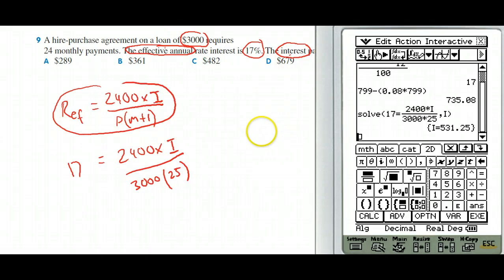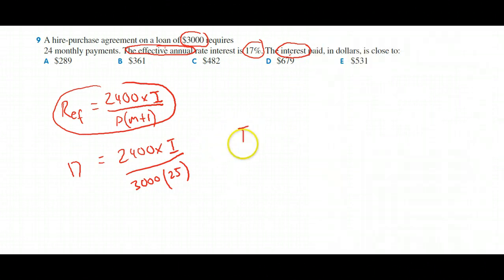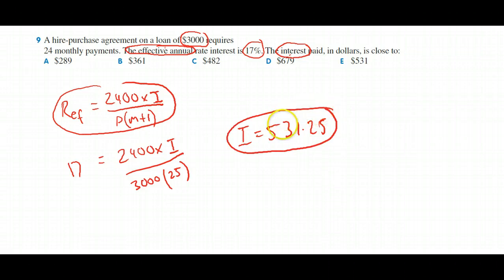Okay, we get I equals 531.25. So that's the amount of interest that's going to have to be paid, and there it is, answer E.